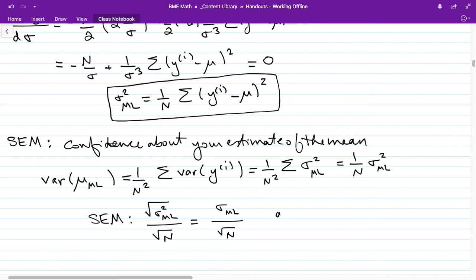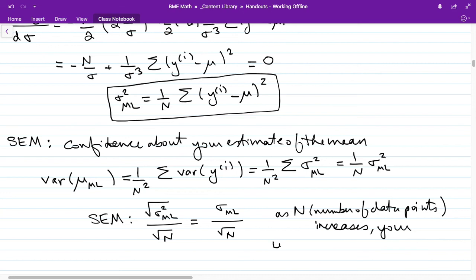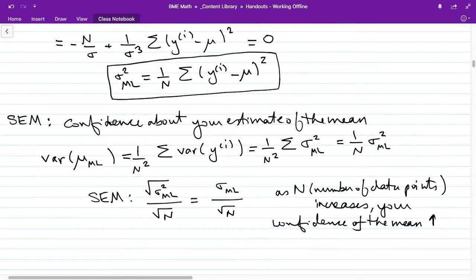So you see that as your number of data points increases, your confidence of the mean increases. The standard error decreases.